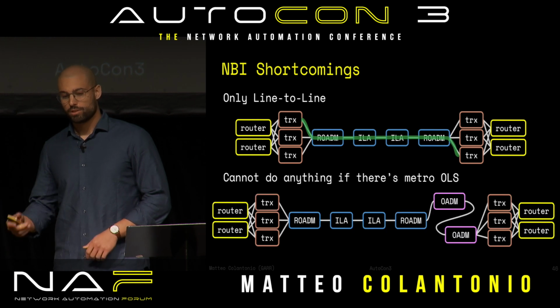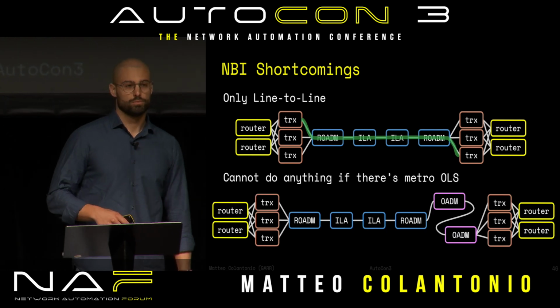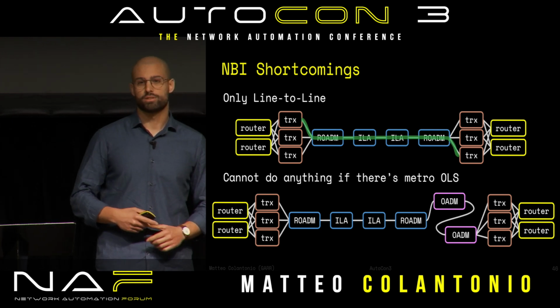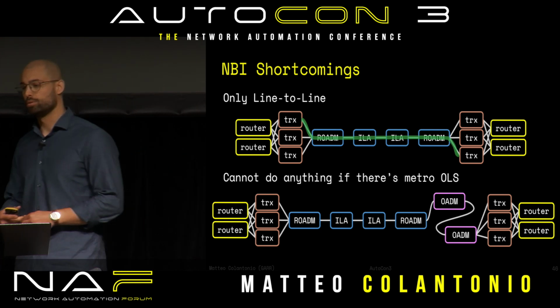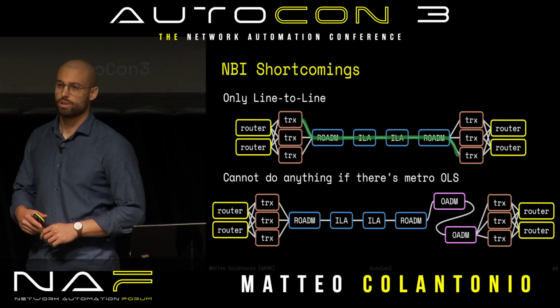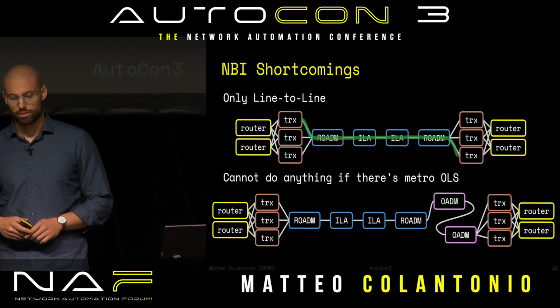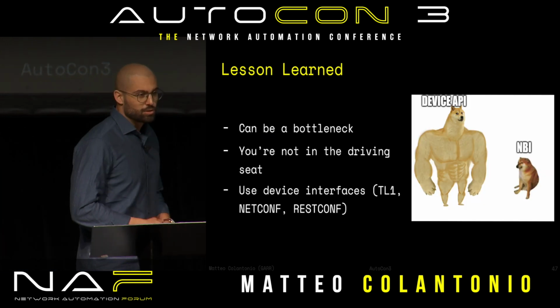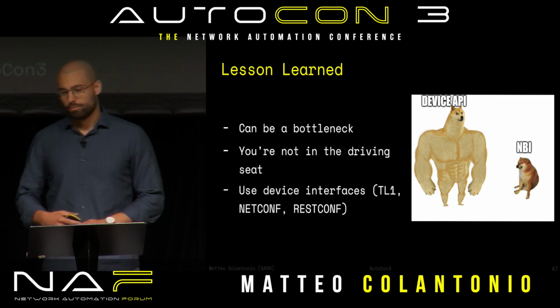And to make matters worse, we actually don't only have one single optical line system. In some parts of our network we have two, and if that's the case, you cannot do anything with the controller's API. So what we learned is that it can be a bottleneck to your automation ambition.